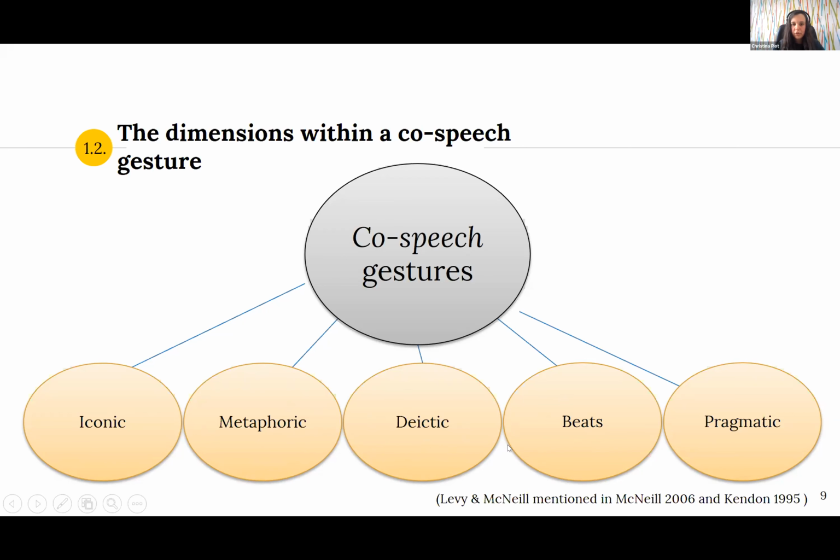Then beats, which I use to indicate the rhythm of the speech, and pragmatic gestures, which are used to express feelings or uncertainty. And then the iconic gestures, which are the most interesting here, are the gestures that depict a concrete entity or an action.